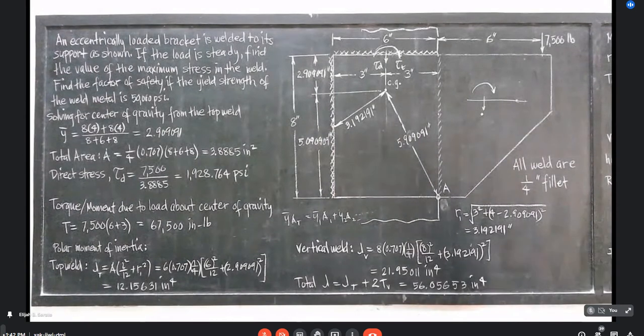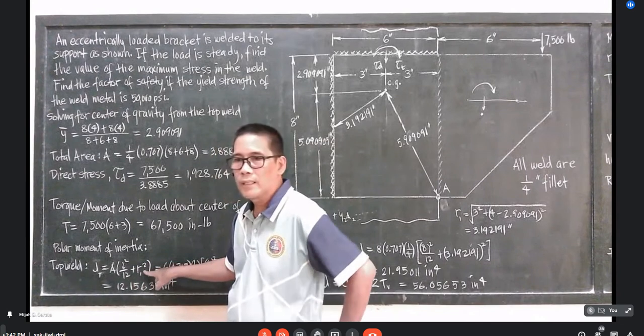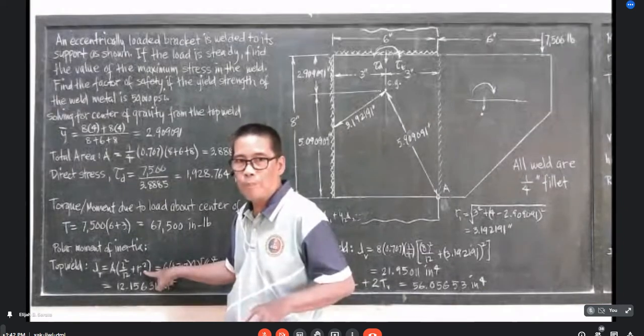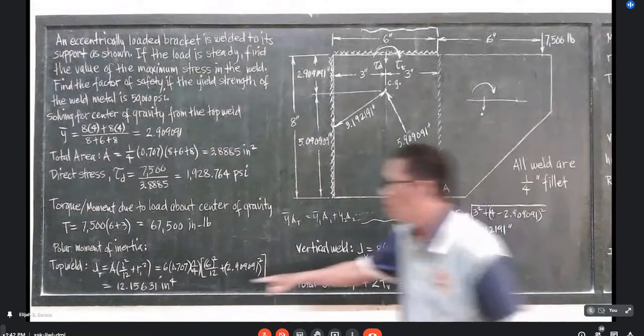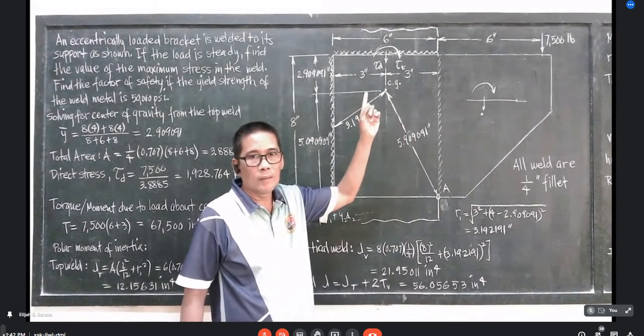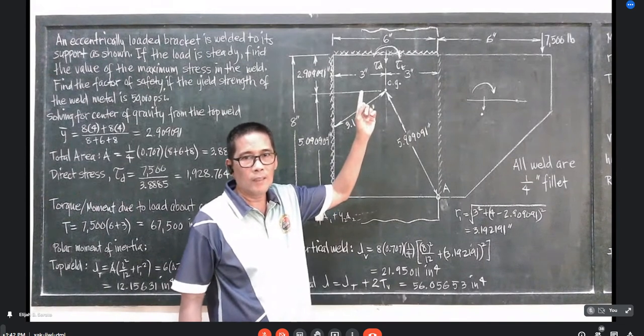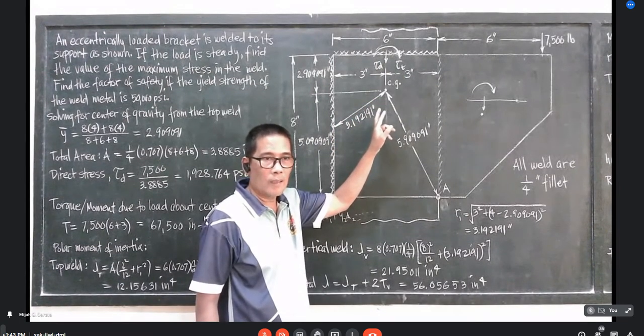Next is the polar moment of inertia. It is area times length squared over 12 plus the distance between the centroid of the 12 to the centroid of the group. For the top 12, what is R? The distance between the centroid of this 12 to the centroid of the group.